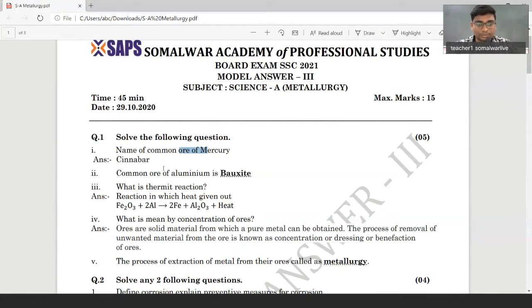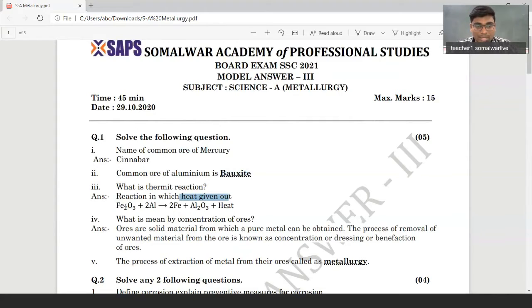Now, the important common ore for aluminium, you already know, is bauxite, which is very famous. Now, what is the thermit reaction? It is a reaction in which heat is given out, actually an exothermic reaction.